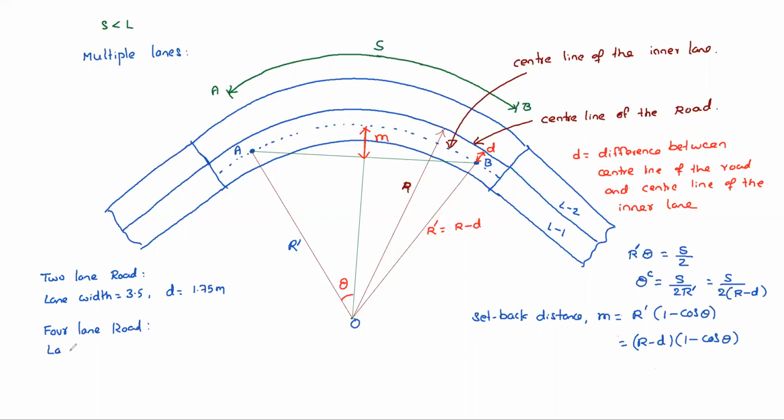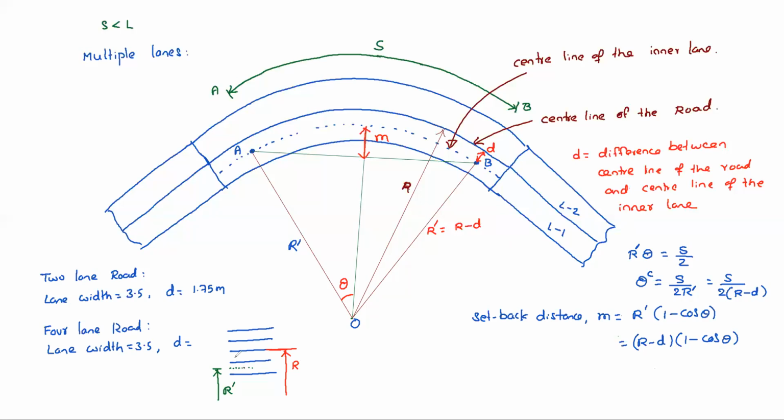Suppose a 4-lane road, of course lane width 3.5. D how much? See, I will show you. A 4-lane road means this is 1 lane, 2 lane, 3 lane, 4 lane. Okay, like this. So up to this line you measure R. Up to the center line of the inner lane you measure R dash. So obviously, what is D now?